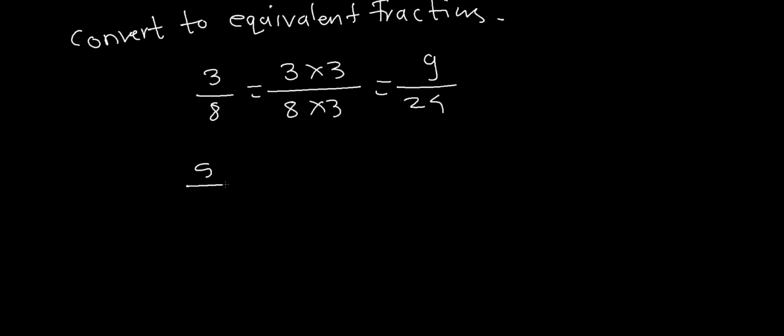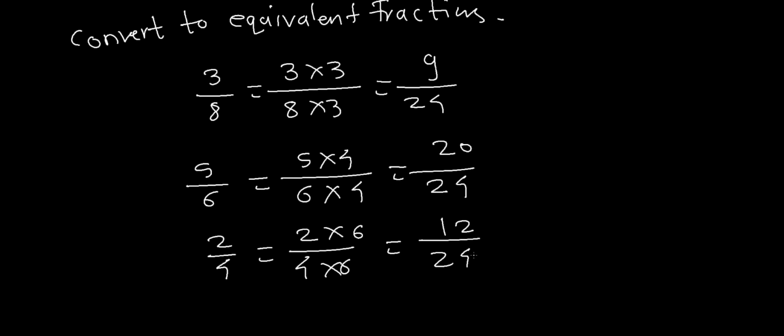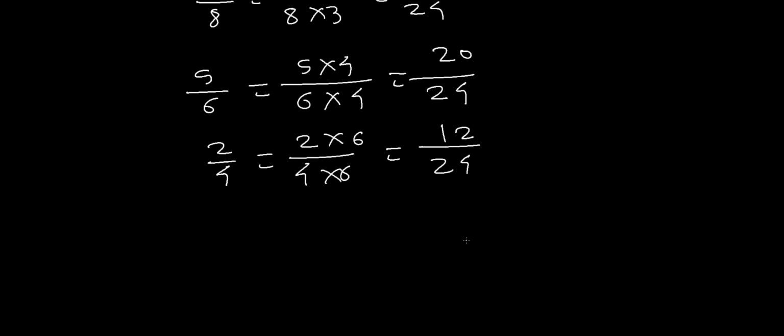The second fraction, 5 by 6, gives you 5 into 4, 6 into 4, 20 by 24. Then 2 by 4. Here we will multiply by 6: 2 into 6, 4 into 6, so 12 by 24.